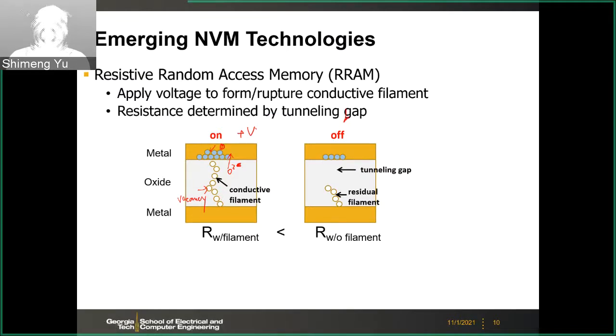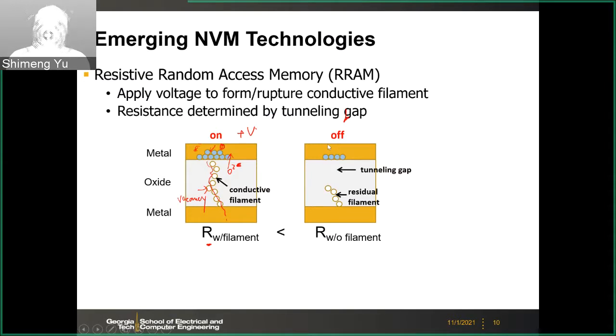Those vacancies form a conductive filament. Electrons can then hop through these vacancies. The current will flow in this conductive filament. Therefore, the resistance is low. You can conduct current in the oxide.